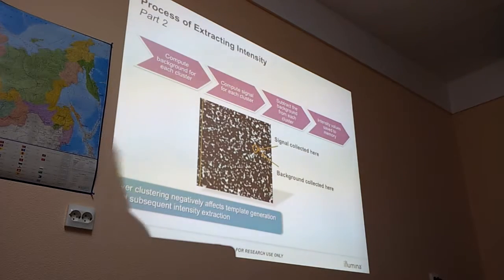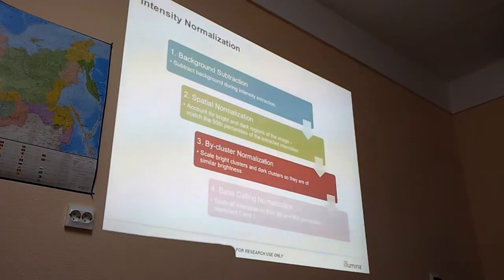And of course you can imagine the higher the concentration of your library, the denser the clusters, and then at some point it becomes really difficult to take the background, and then the signal to noise is going down. So this is why you should optimize the concentration. If it's too high, it's bad. Of course, if it's too low, it's also bad because you don't get enough data.